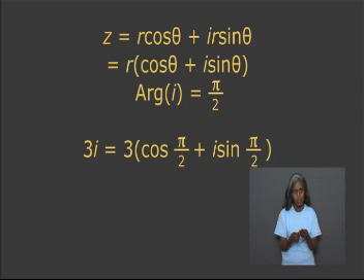Therefore, we can substitute the appropriate values to find our answer. Here is the polar form of 3 iota. If that was your answer, great work. Are you ready for one more activity?